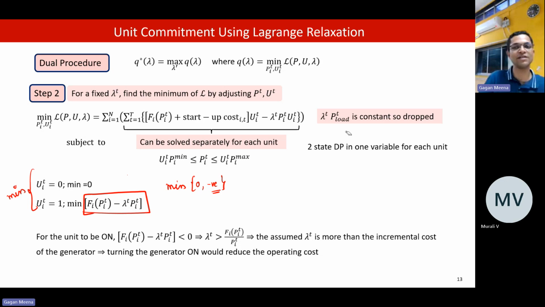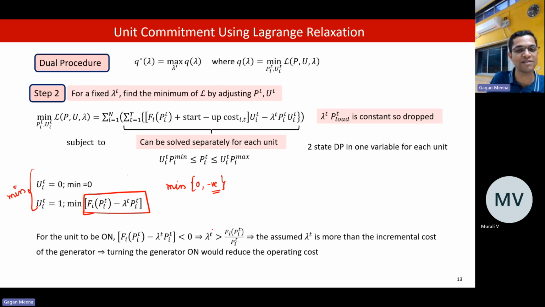So it's this two-state dynamic program. For each time we can calculate this value, and if it is negative, then the unit should be on. If it is 0 or positive, then it should be off. This is also clear from here. If this is negative, that means lambda t is greater than the incremental cost of the generator.